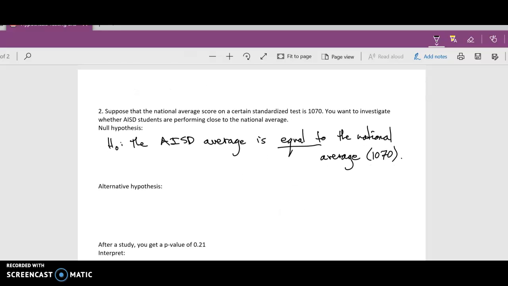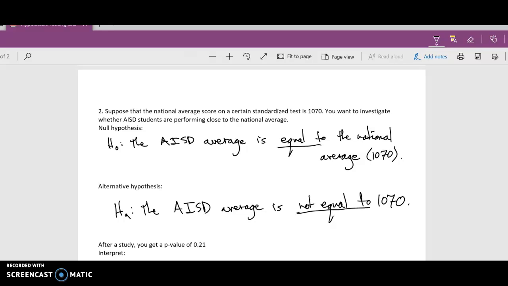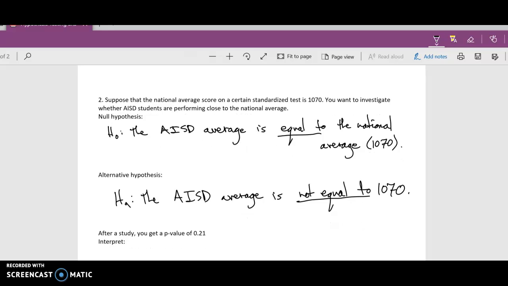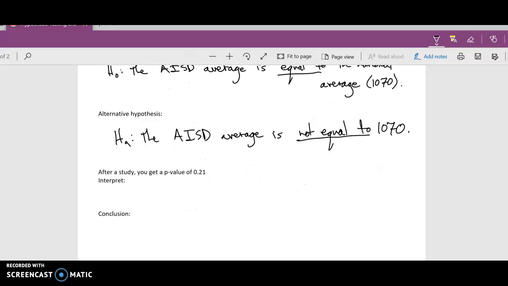The alternative would be the AISD average is not equal. So in cases like this, where it's not clear if we suspect one way or the other, less than or greater than, we're just going to use not equal to.